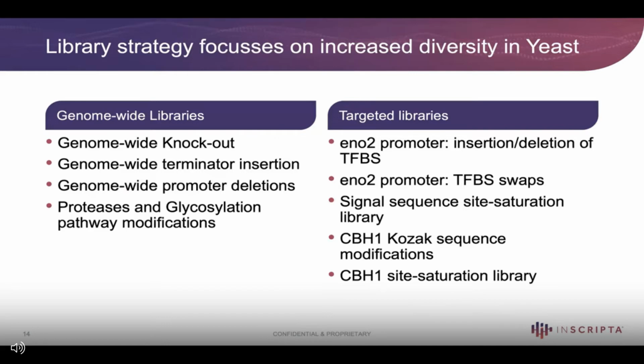We can also go genome-wide and make modifications to predicted promoters to identify how that might respond to protein production. We call them genome-wide because they're usually spread out, and this works in E. coli and yeast, and we'll get into this with E. coli too, that we can modify or perturb protease pathways and also, say, glycosylation pathways in yeast to see if those have any impact.